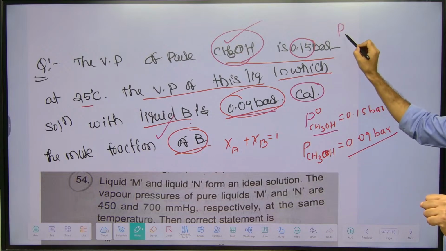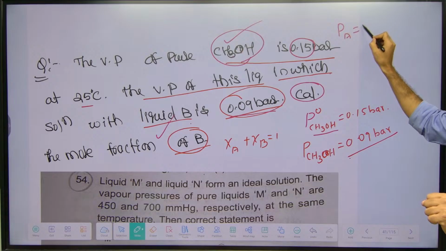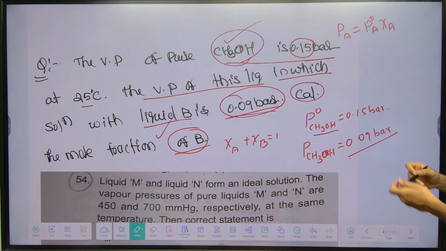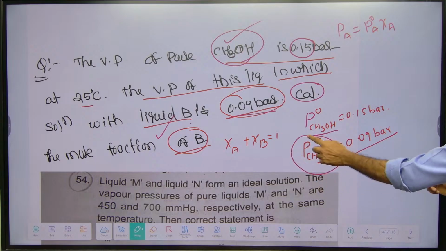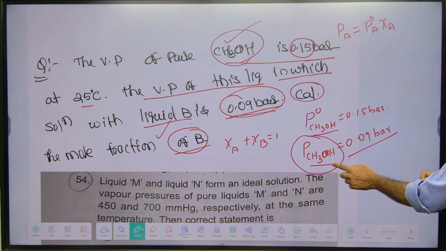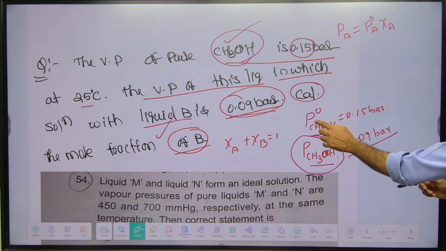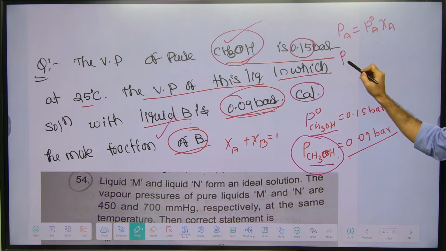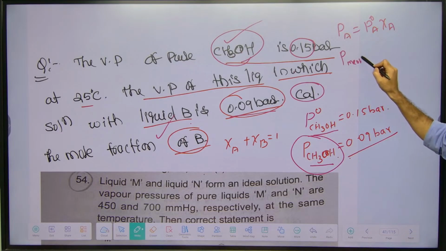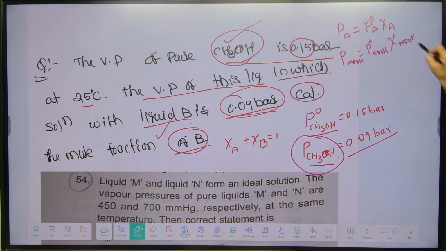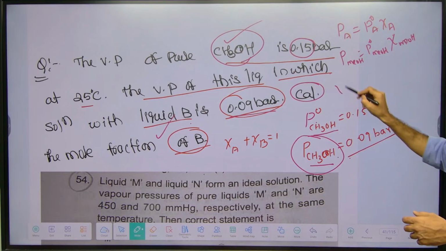Partial pressure of a liquid A is equal to P naught A chi A. It means partial pressure of methanol in the solution is equal to mole fraction of methanol multiplied with its pure vapor pressure. So what I can write? P of methanol is equal to P naught of methanol multiplied with mole fraction of methanol. Yes or no?